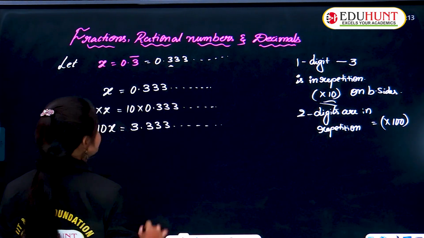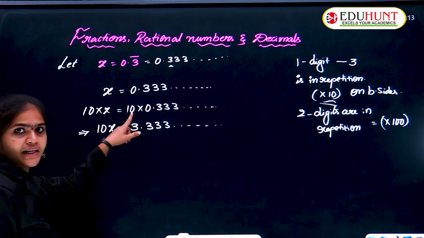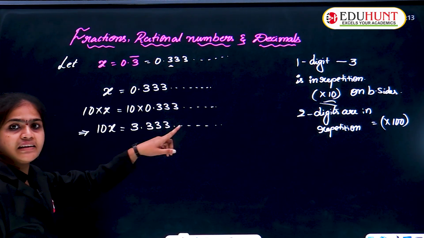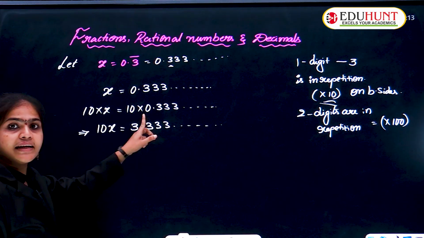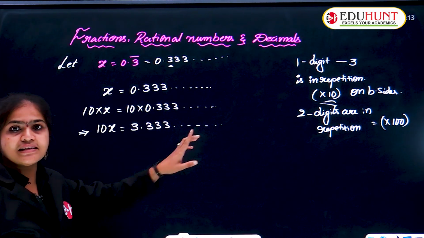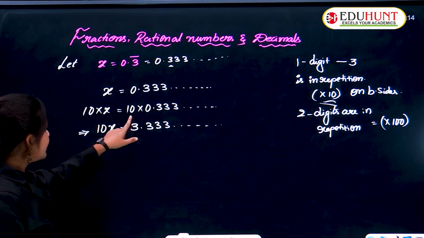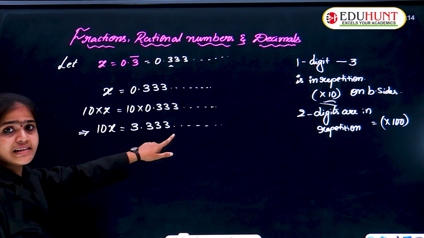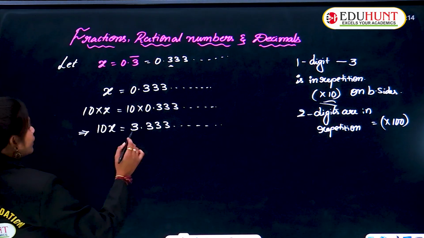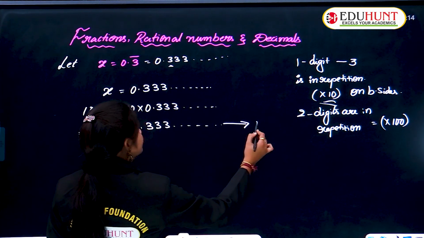Multiplied by 100 gives 33.333 and so on. Multiplied by 1000 gives 333.333 and so on. Because 3 is in repetition, we keep that many 3's.